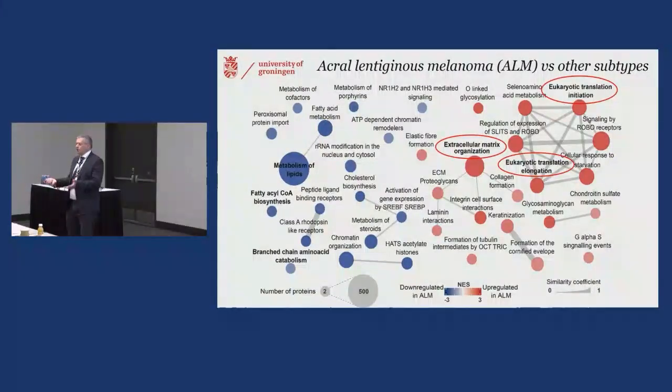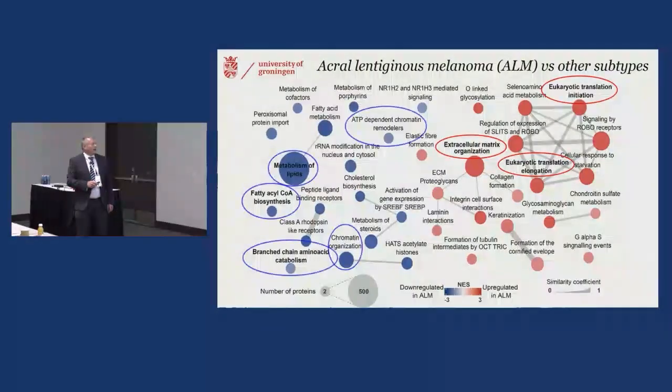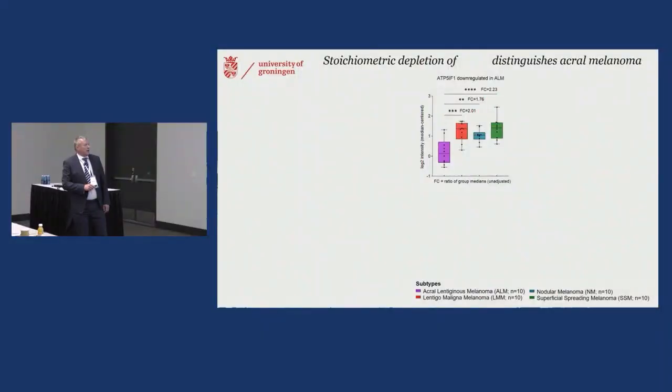So protein synthesis is going up in this type of melanoma. What is going down is lipid metabolism, fatty acid biosynthesis, branched chain amino acid catabolism, and chromatin remodeling is going down in acral lentiginous melanoma.